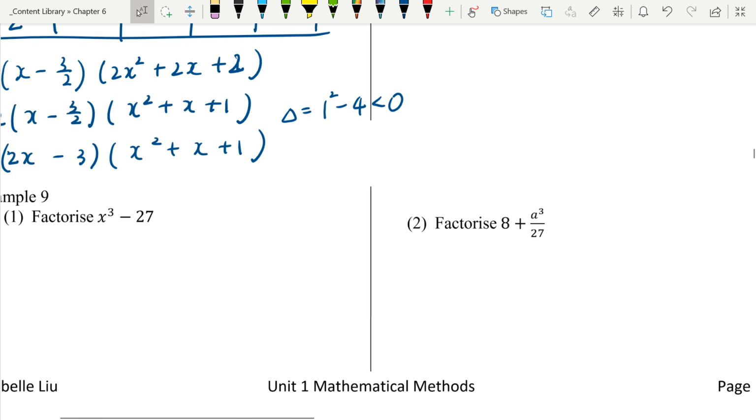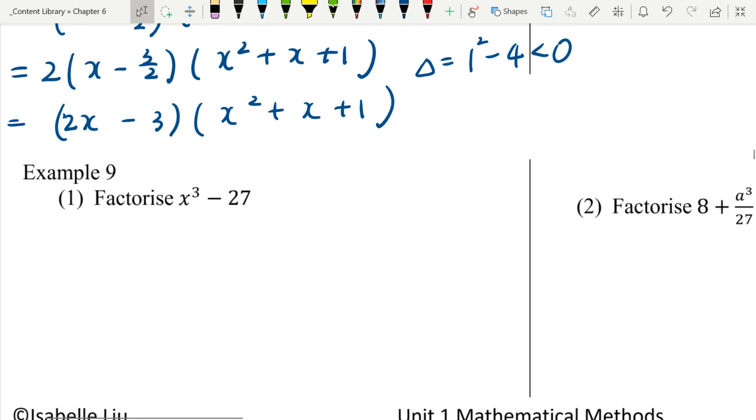Okay. Last two. Yeah, it's time to test you about that. What's a cubed minus b cubed? If I ask you to factorize.